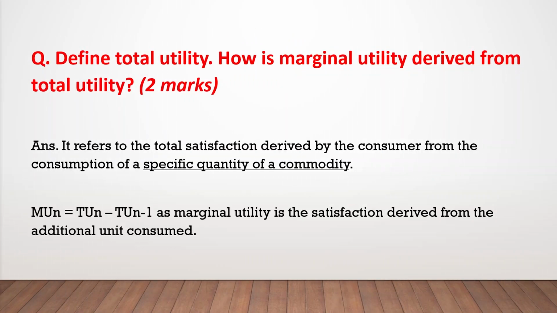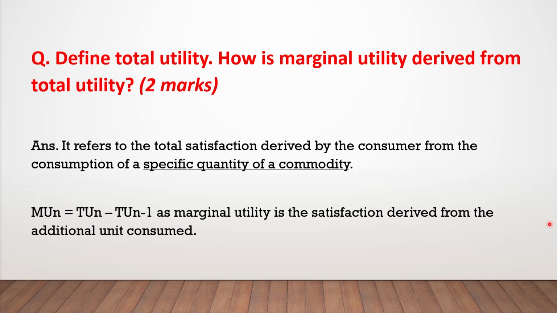This question I took from the past papers to highlight that preparation needs to be in depth. The common error made in this type of question is that the majority of the students define total utility as utility derived from all commodities, whereas total utility is defined as the utility obtained from consumption of a certain or specific quantity of a commodity.